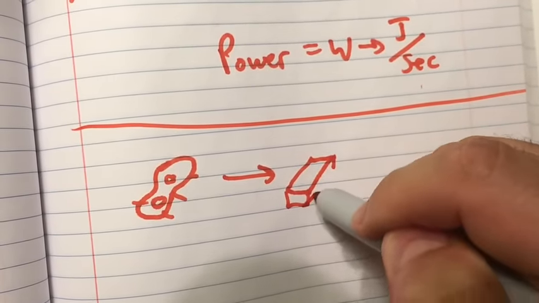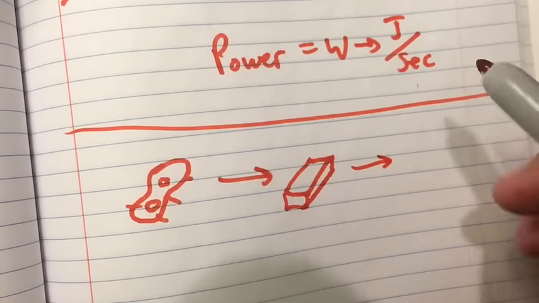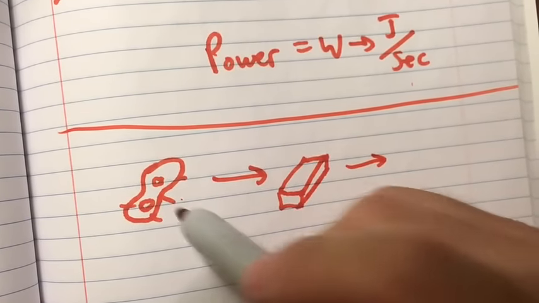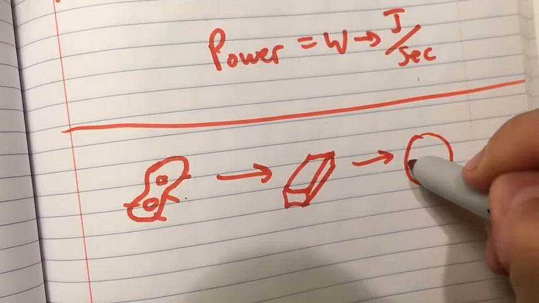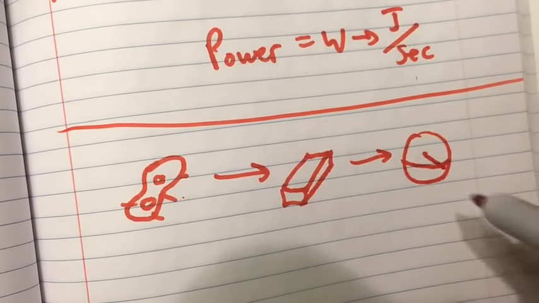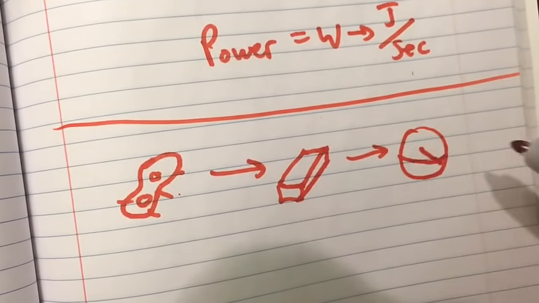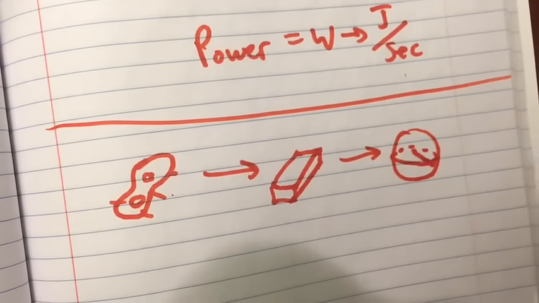I like to turn a weird shape into a cubic shape, or you can even take this shape and turn it into something like a sphere, and then estimate the volume using the radius of this sphere. Whatever floats your boat.